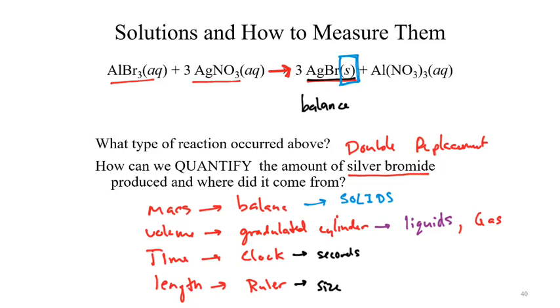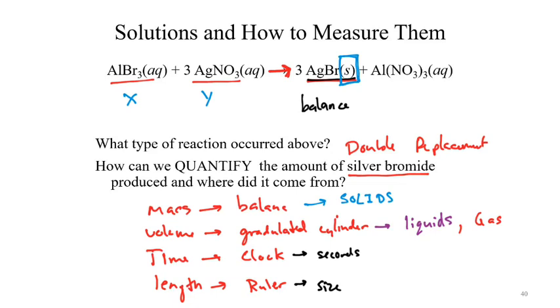But if it only makes gram amounts, maybe that's easy for me to do inside my house and I don't need a lab. So the scale of these things becomes important. I want to know, theoretically, if I start with X and Y amounts, and we'll address the amounts here in a second, of the aluminum bromide, how much silver bromide could I make?